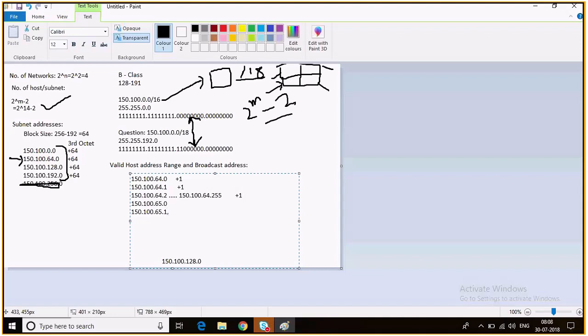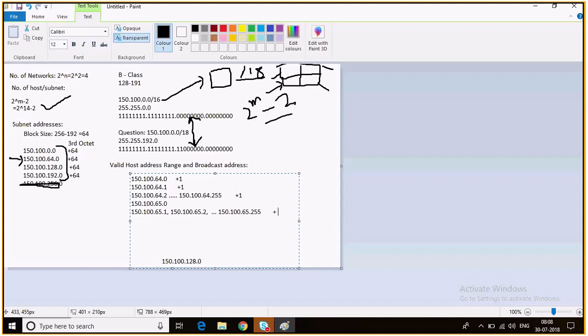I'll write it like this: 150.100.65.3, and then it will go on to 4, 5, 6, and again it will end up with 150.100.65.255.